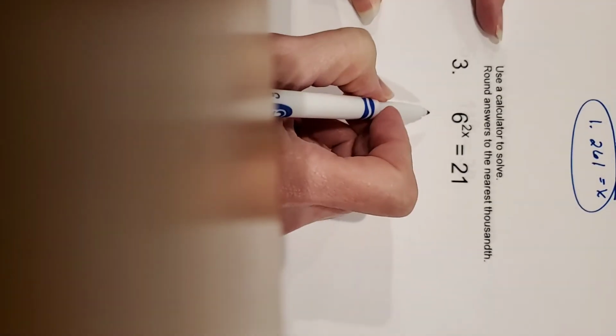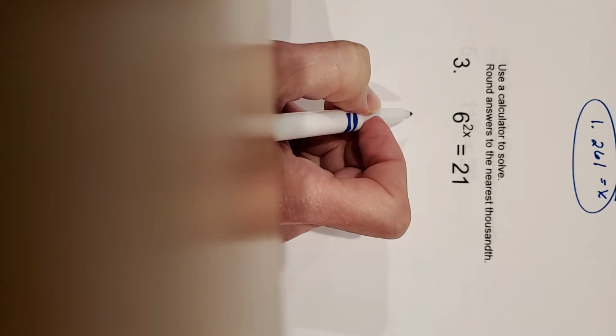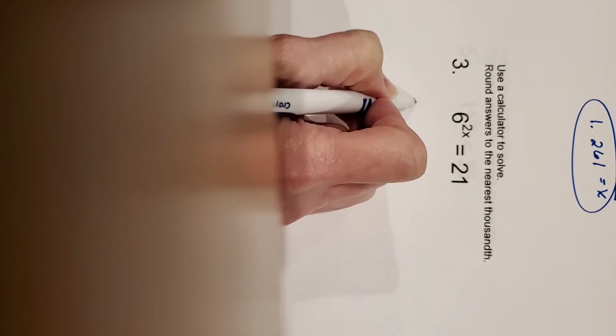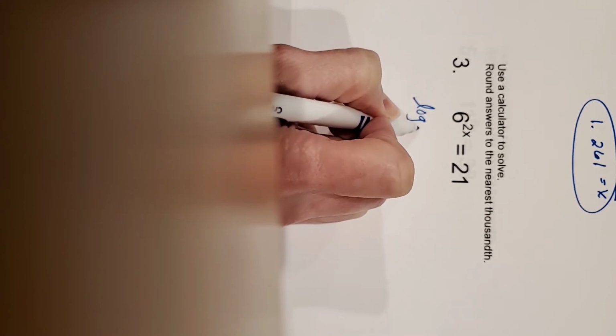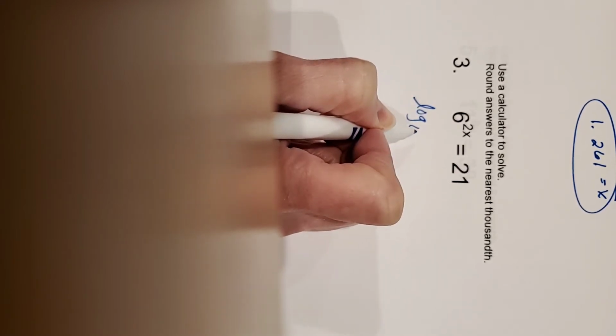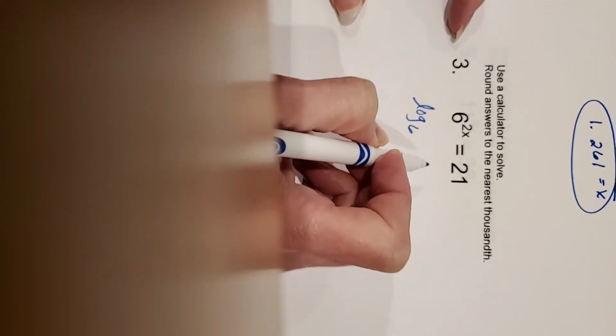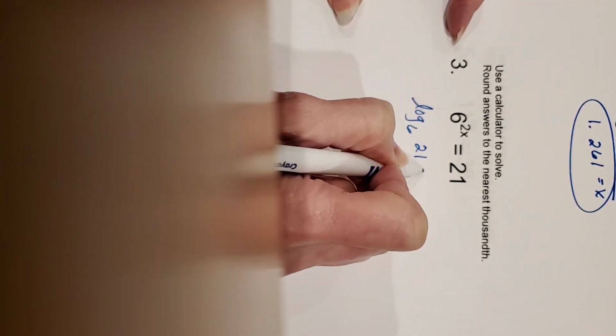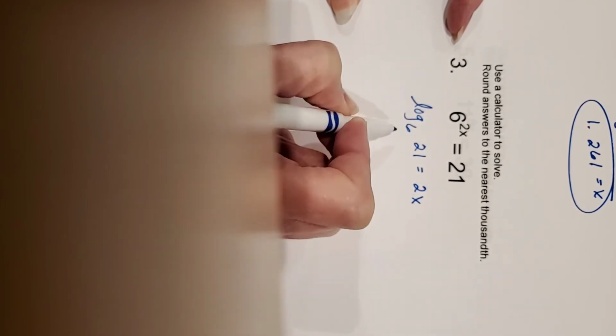Next problem, we have 6 to the 2x equals 21. So when we put it in log form, it's going to be log base 6 of 21 equals 2x.